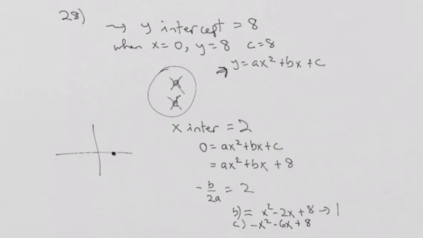So we know that we have to have c equals 8, and A is wrong, and D is wrong. So I'm right about that.